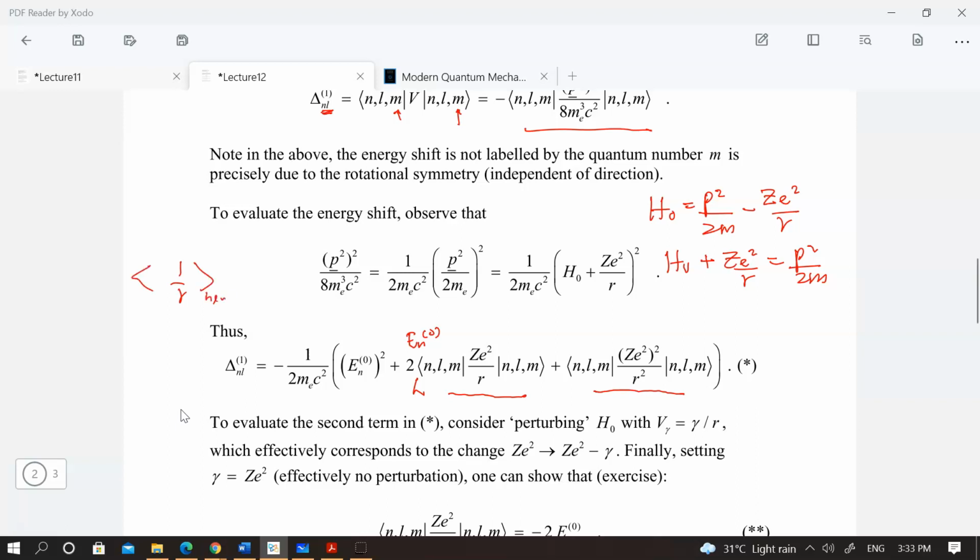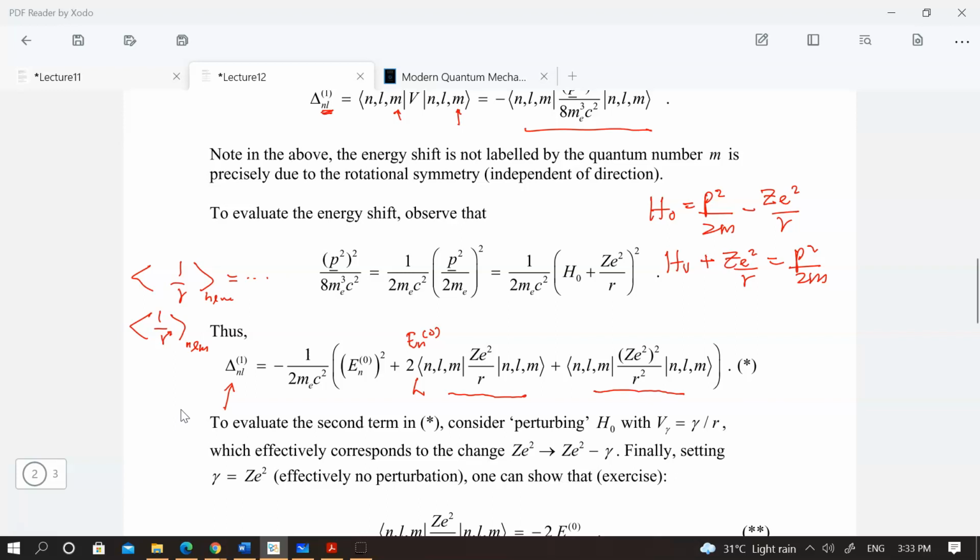And then for the m here, one can find what this is. So you can actually evaluate this directly, and the same thing over here. There is another formula for 1 over r squared. So in principle, you can already do the calculations over here to find the first-order shift.